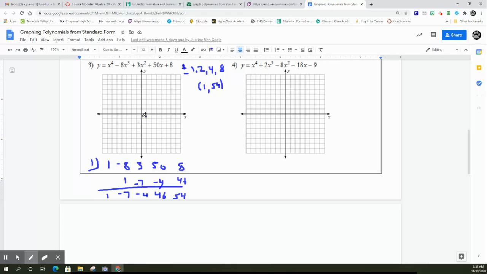And we already know 0, 8, right? That's our y-intercept. So let's try 2, and then we'll try 4. Let me erase.